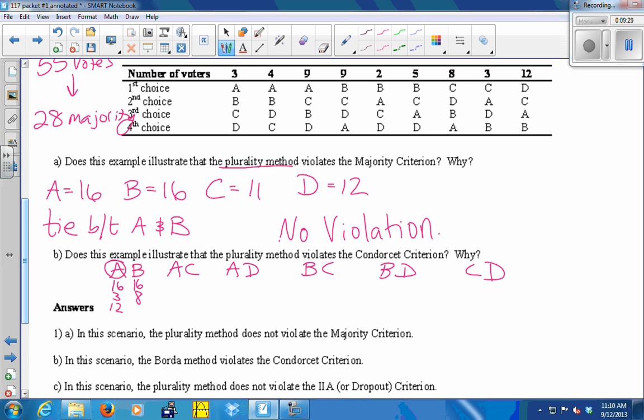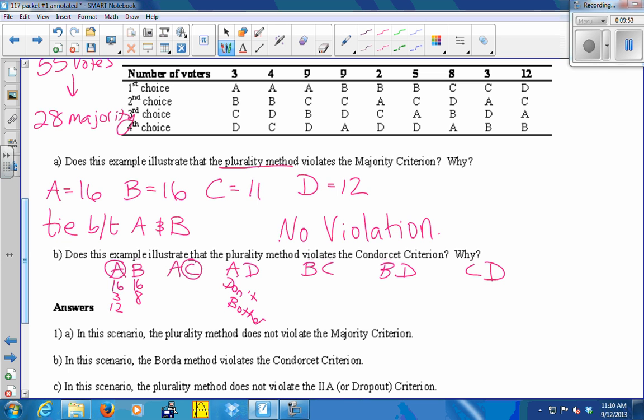All right, how about A versus C? Anybody have results already? C wins? Okay. So now I don't even have to bother doing A's last matchup because I now know A is not undefeated. Right? So I'm not even going to bother doing A versus D, because I'm just looking for an undefeated candidate.